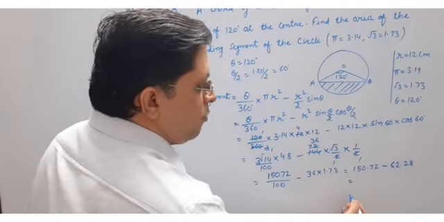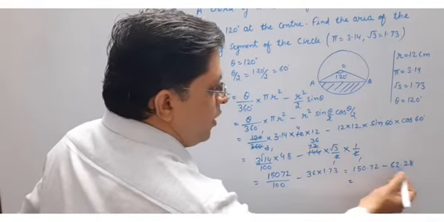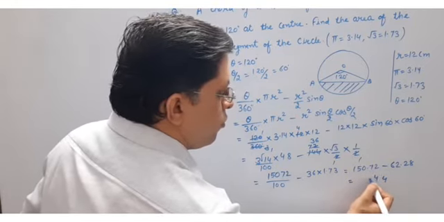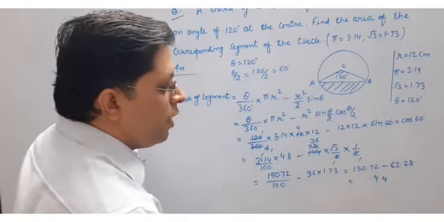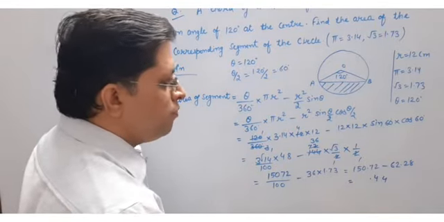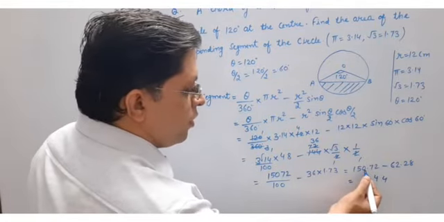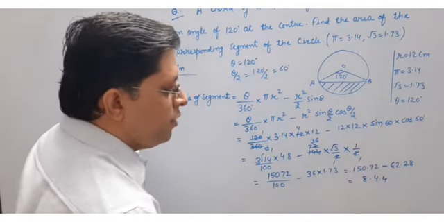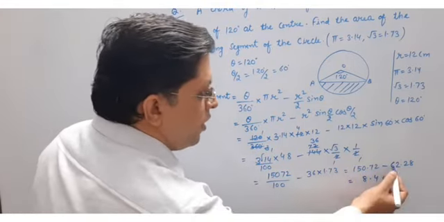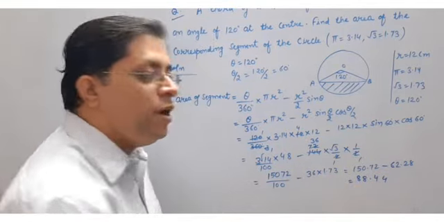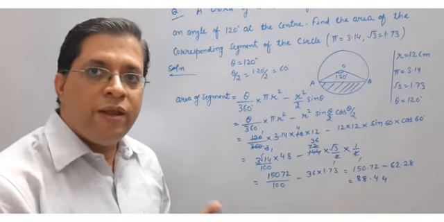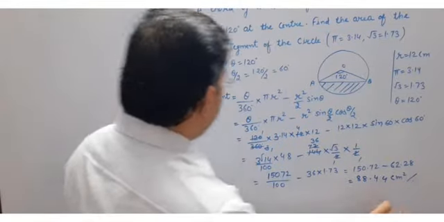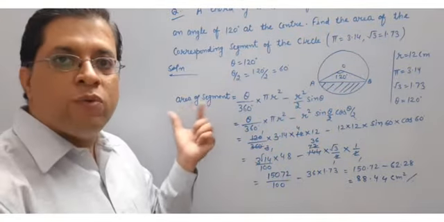And then when you subtract it, you get 88.44 centimeter square. This is your area of segment.